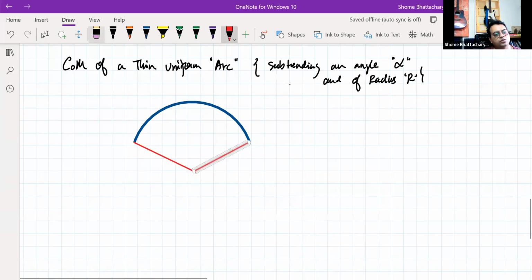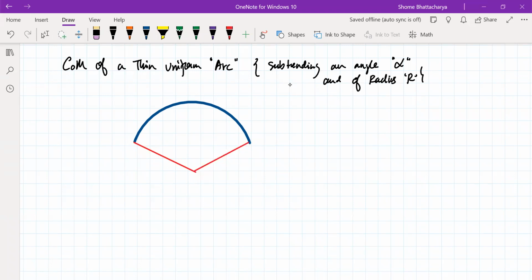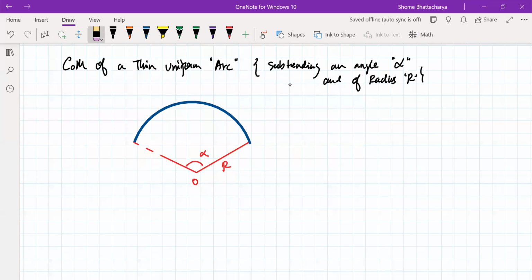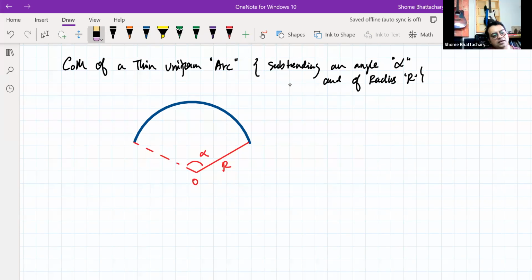Once again, the line that bisects the angle it subtends will be the axis of symmetry. So now what we are saying is that this point O is the center of curvature. This radius is R, and this whole angle we have taken to be alpha. There is a line that passes through the point O and bisects this angle, and that particular line will become the axis of symmetry.